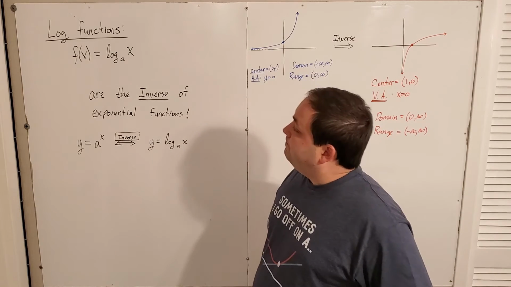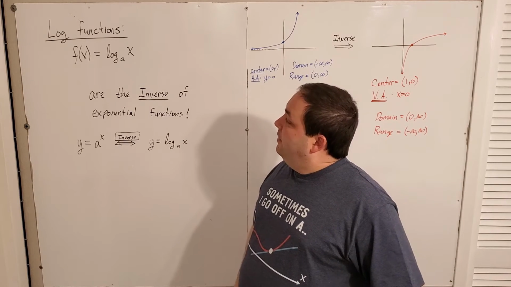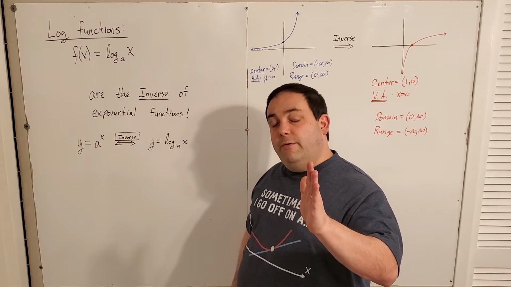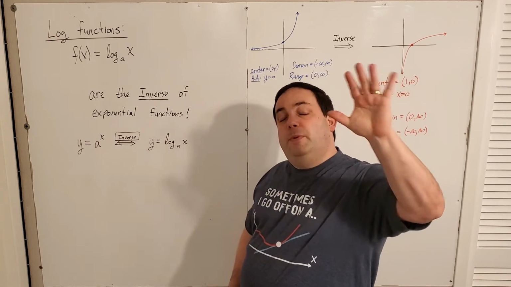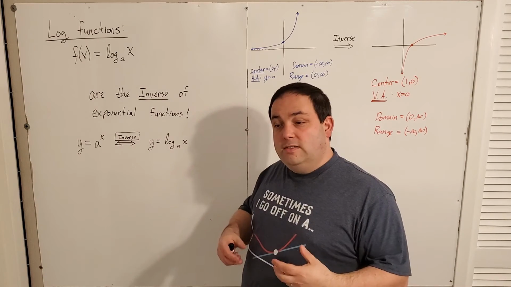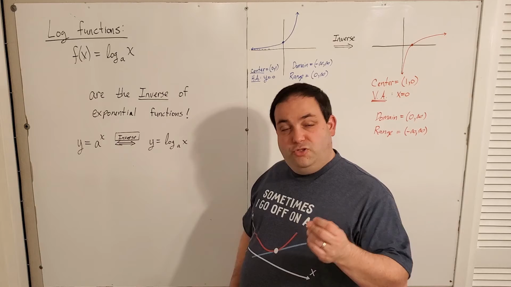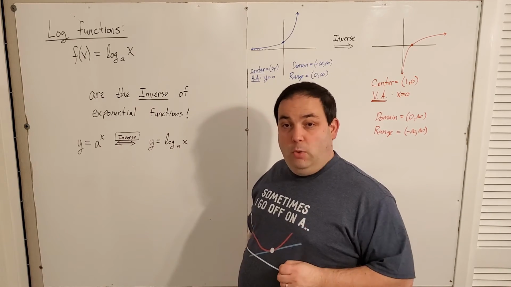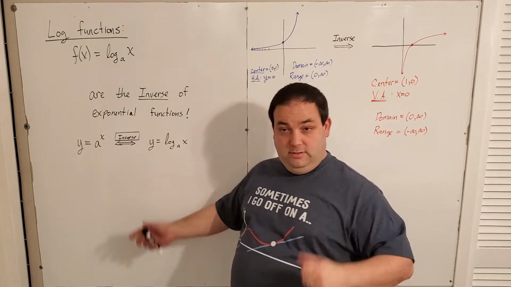The good news about these is that you already know plenty of information because you've studied exponential functions already. All the stuff that you know about exponents carries over to logarithms directly, because logarithms are directly related to exponential functions.